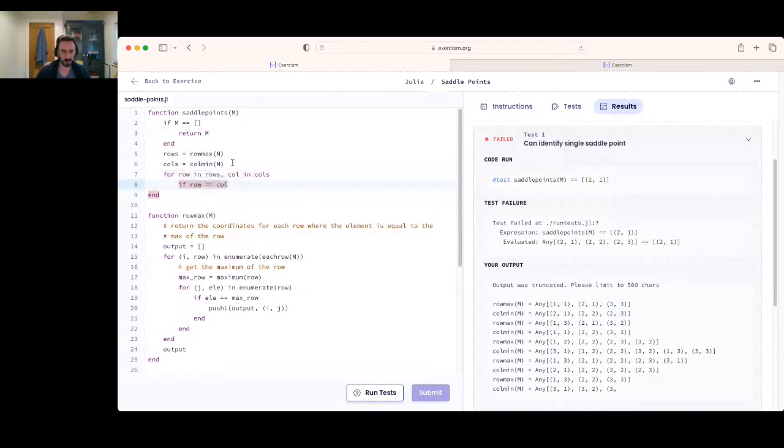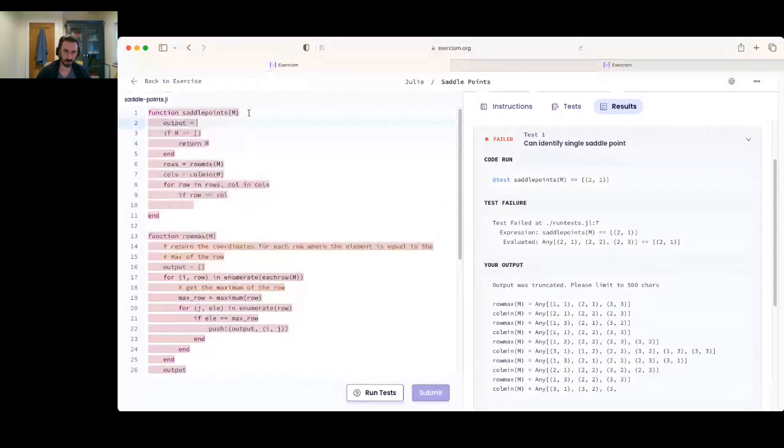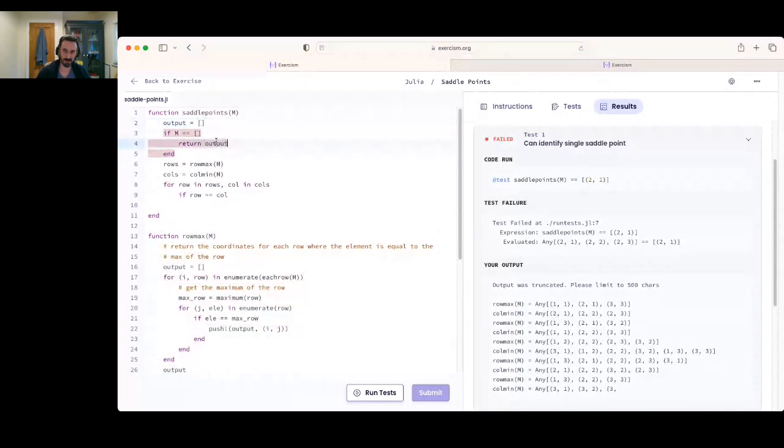We're expecting a list, aren't we? So we should really have an output here. Output is there, and that should really be output because that's just a bit cheeky otherwise.